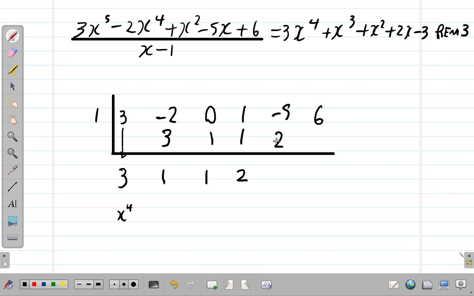Negative 5 plus 2 is negative 3. 1 times negative 3 is negative 3. 6 plus negative 3 is 3.